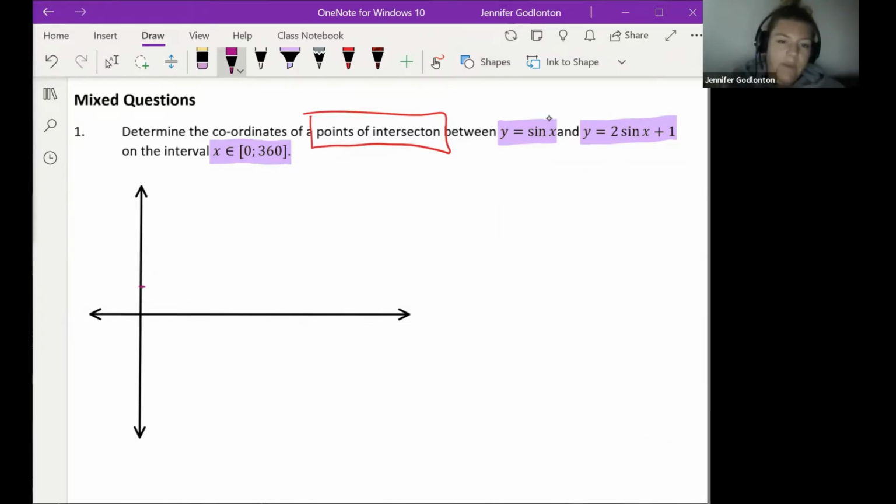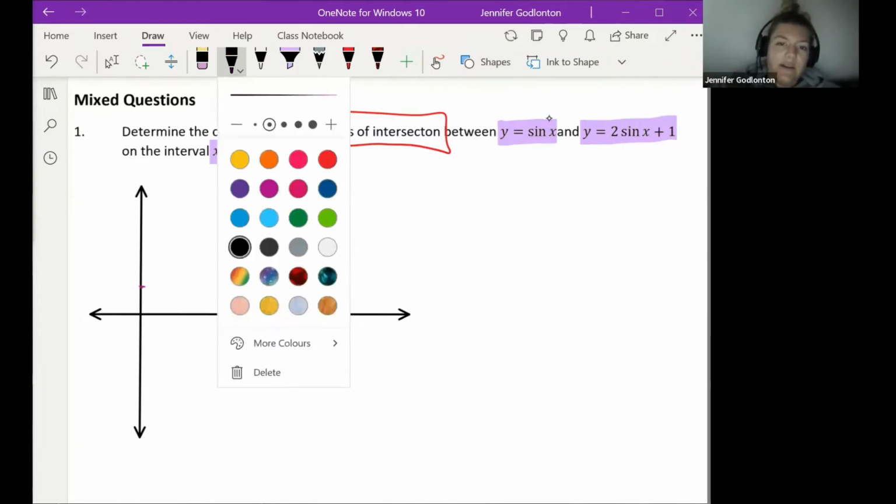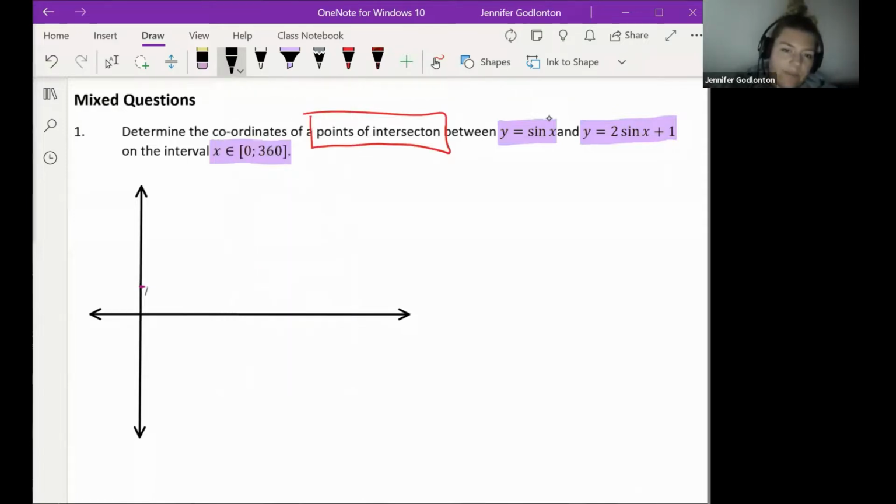All right, let me just get these values in. Okay. So if you're drawing this on your side, then you would have already put these into your calculator and you'll be able to get your graphs.